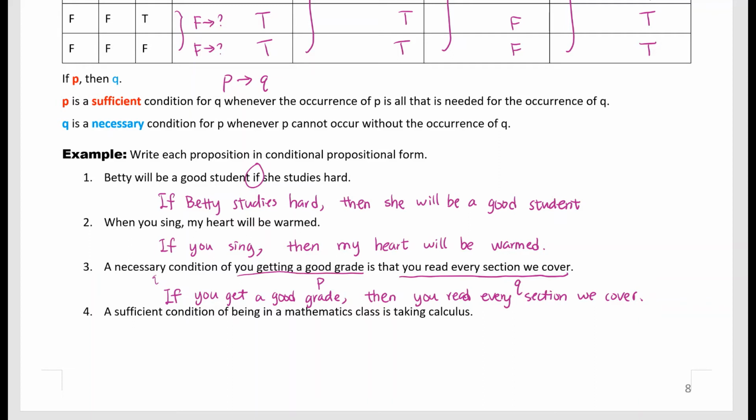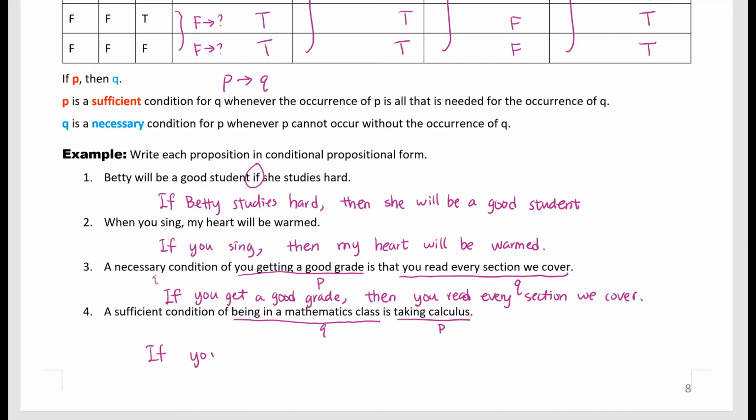Number 4, a sufficient condition. Sufficient condition is P, right? So the sufficient condition of the Q is the P. So the P is taking calculus. Okay. So if P, who's taking calculus? You.